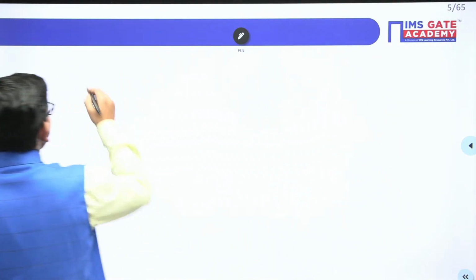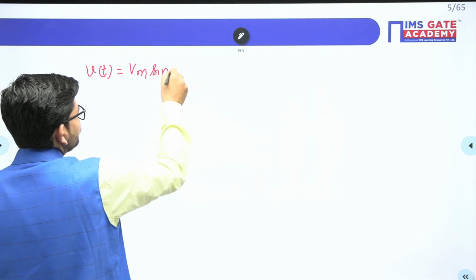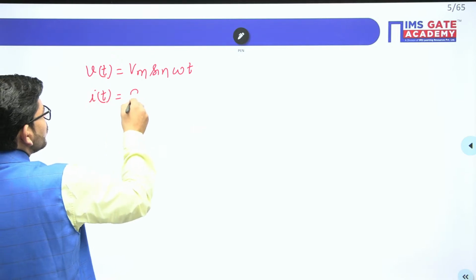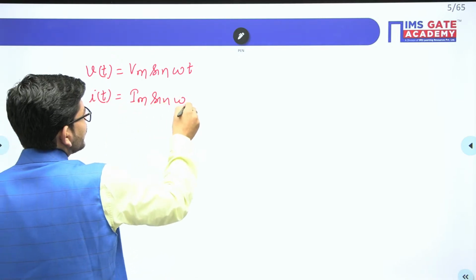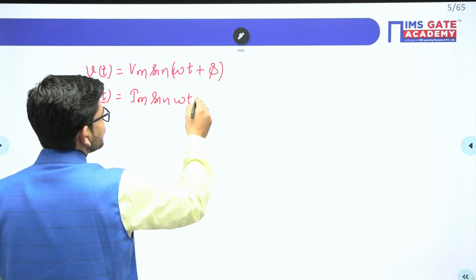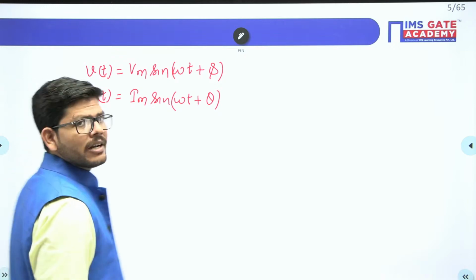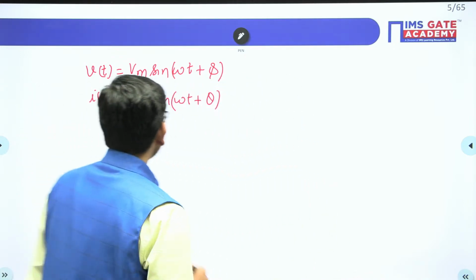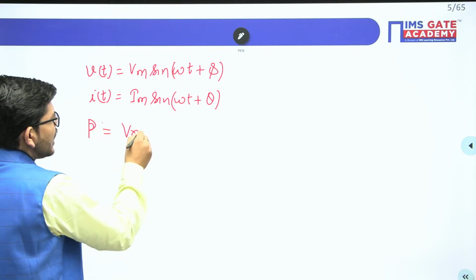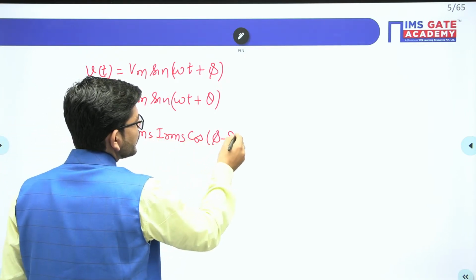Suppose voltage and current are both sinusoids, the voltage is Vm sin omega t plus phi, and the current is Im sin omega t plus theta. In that case you may calculate the power. The power will be Vrms into Irms cos of phi minus theta.